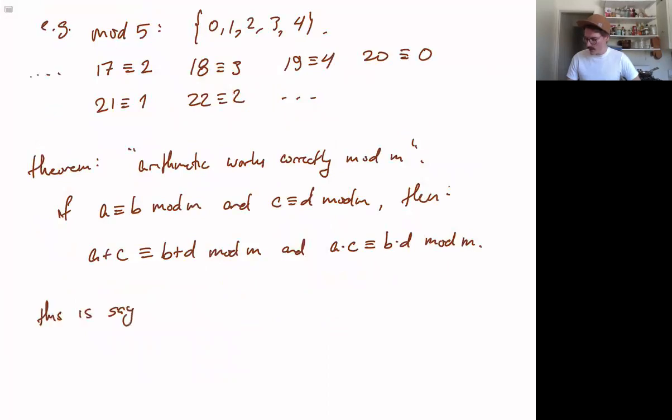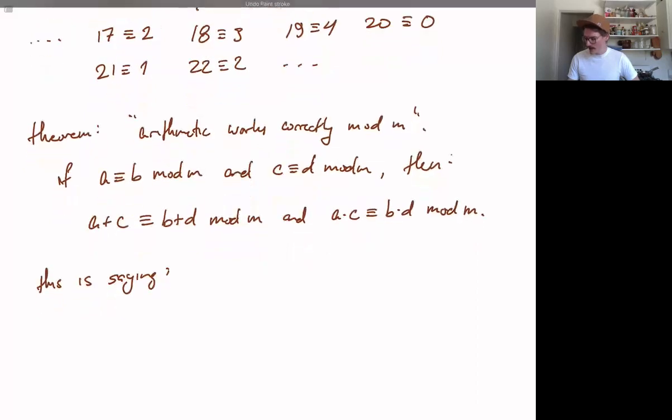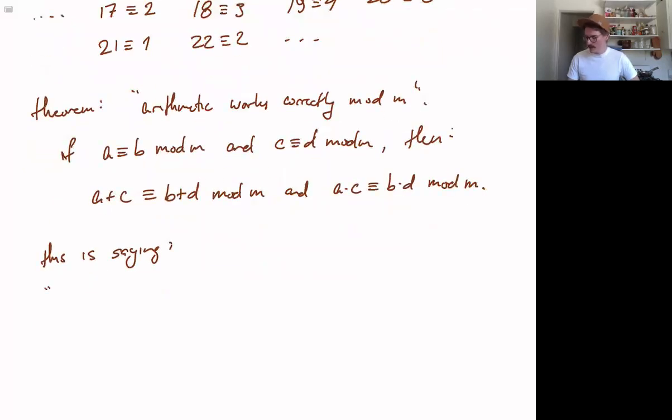So what is this saying? I want to say it two different ways. So first, if you're trying to add two numbers, mod m, you'll get the same answer, you'll get the right answer, not depending on which congruent thing you took to start with.